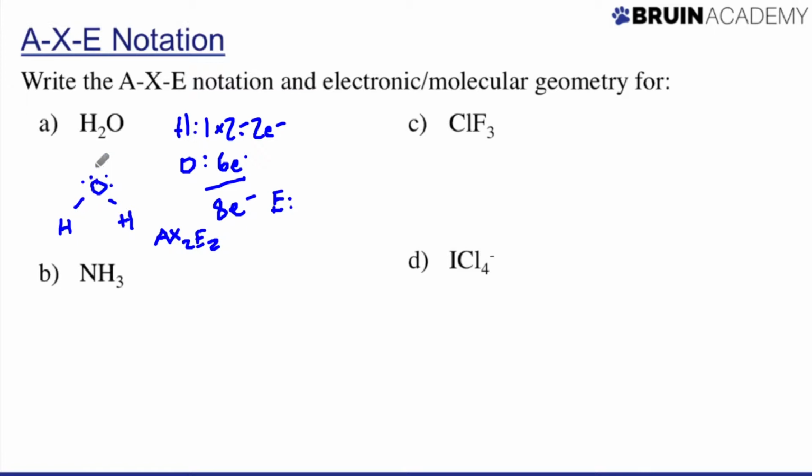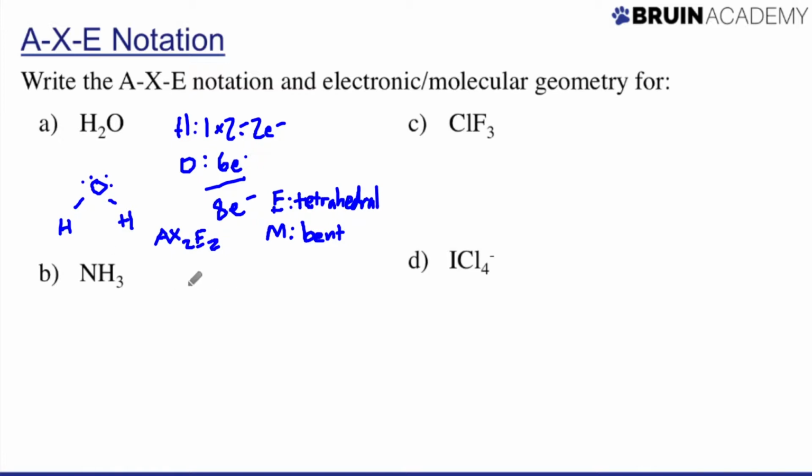So in total, there's 1, 2, 3, 4. And so anything with 4 things around it is going to be tetrahedral, whereas the molecular geometry is dependent on the AXE notation. So then you look at your chart, AX2E2 corresponds to bent. And so that's H2O.